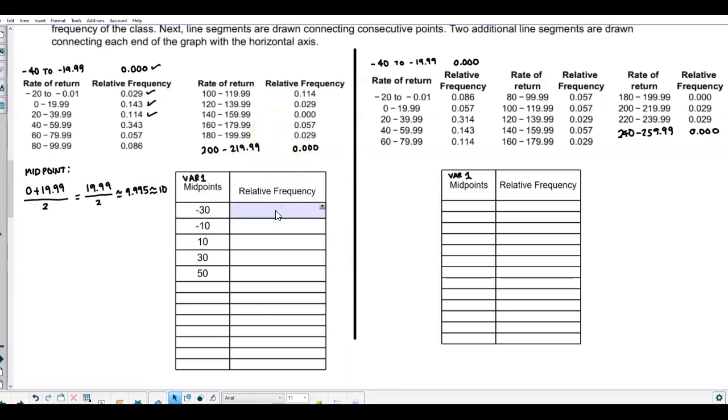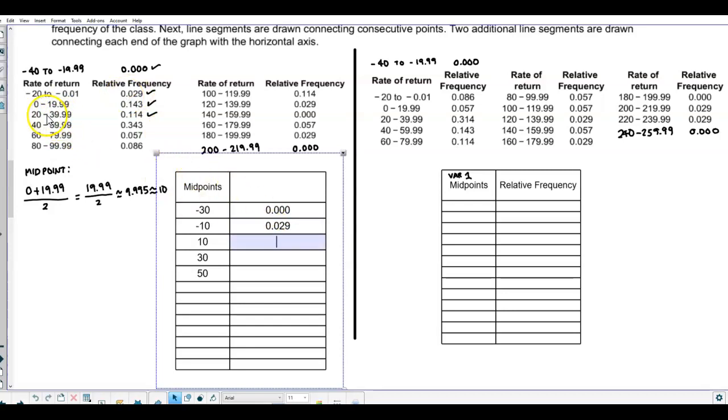So now we need to put in the relative frequency for negative 30. Well, the relative frequency for negative 30 is the midpoint for the first class, which is 0.000. And the relative frequency for the midpoint negative 10 is 0.029.